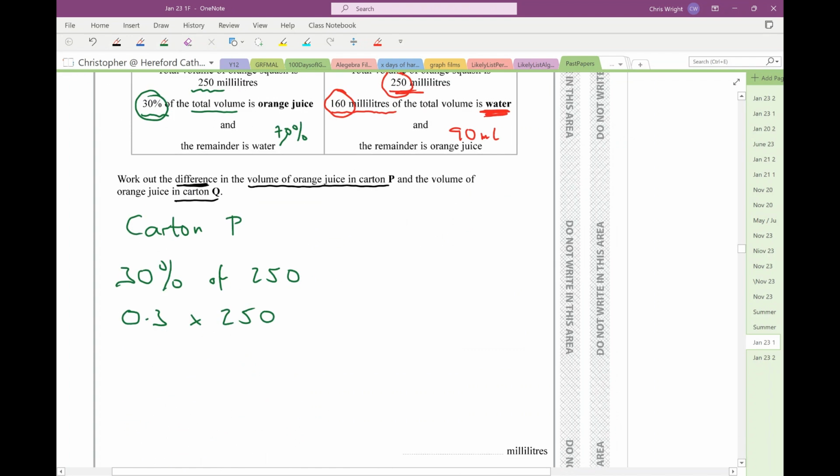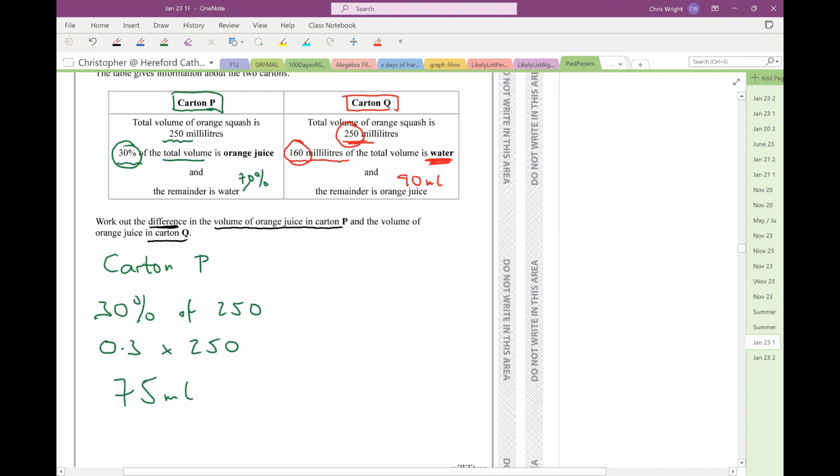Tells me that 75 millilitres is orange juice. Now let's look at carton Q. It says 160 millilitres is water, and I've already worked out that 90 millilitres is orange juice. So I know that 90 millilitres is orange juice in carton Q.